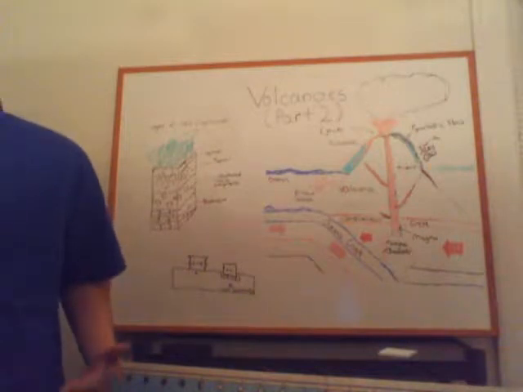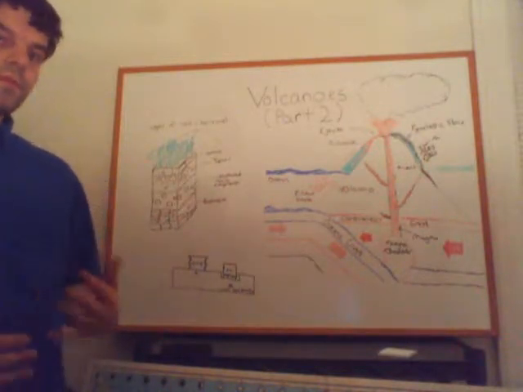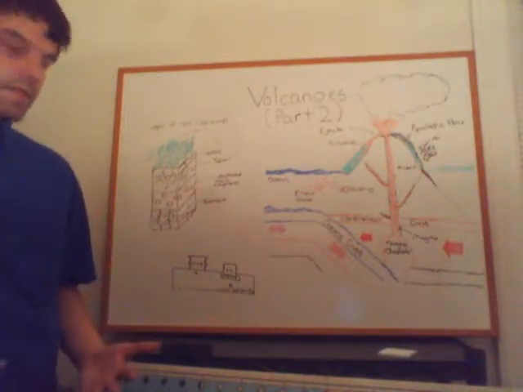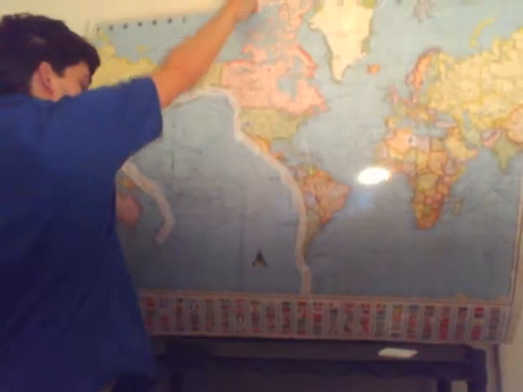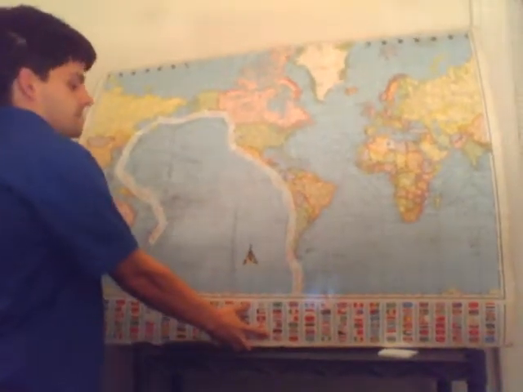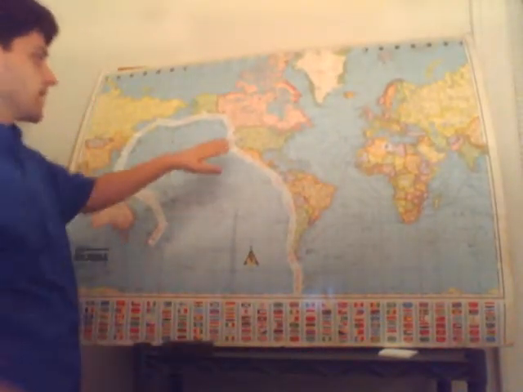The next thing we're going to be introducing is some of the geographical belts that volcanoes can be found on. So I'm going to reintroduce the map here. Okay. Just as a quick recap, we have the San Andreas Fault Observatory at Depth here.